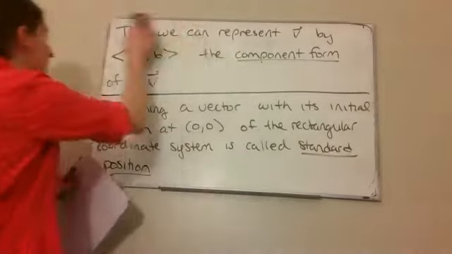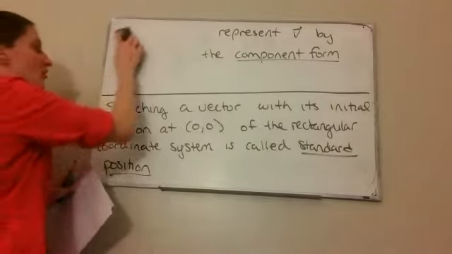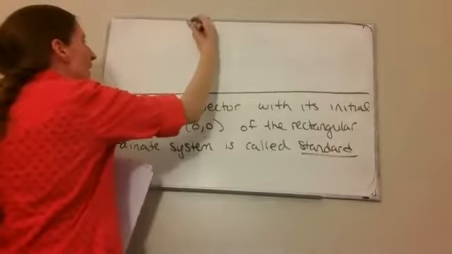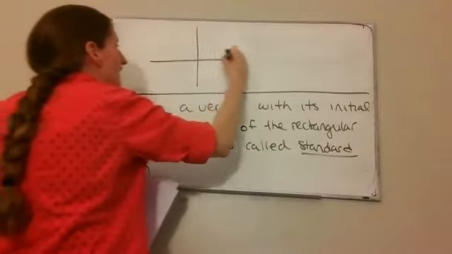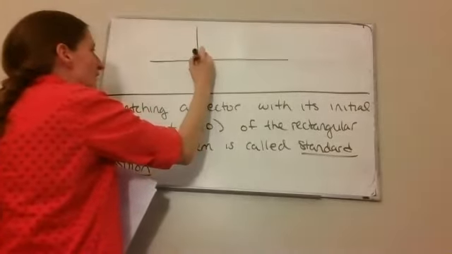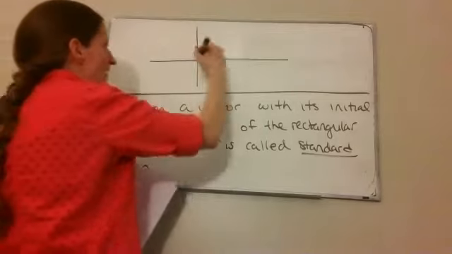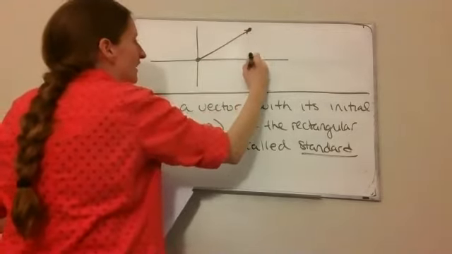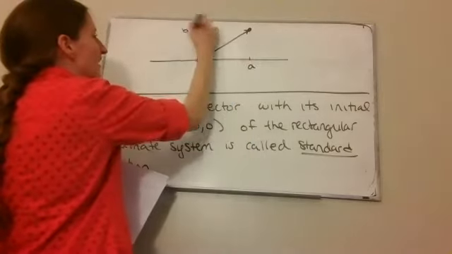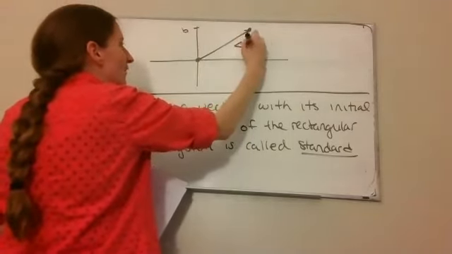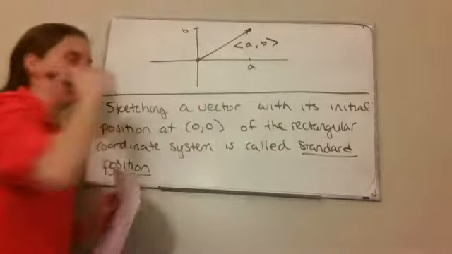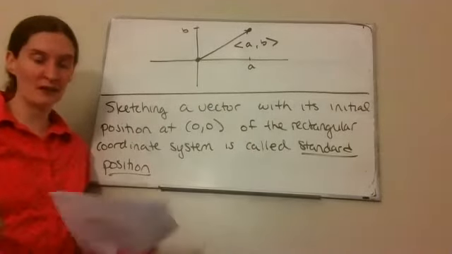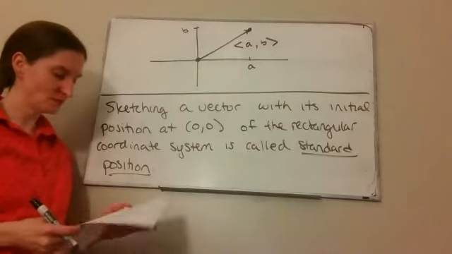So for example, let me just draw a vector in standard position. Here's my x and y axis. I'm putting its initial position at the origin. And we'll say there's A, there's B. So this guy is vector AB in component form, showing us the horizontal displacement and the vertical displacement.